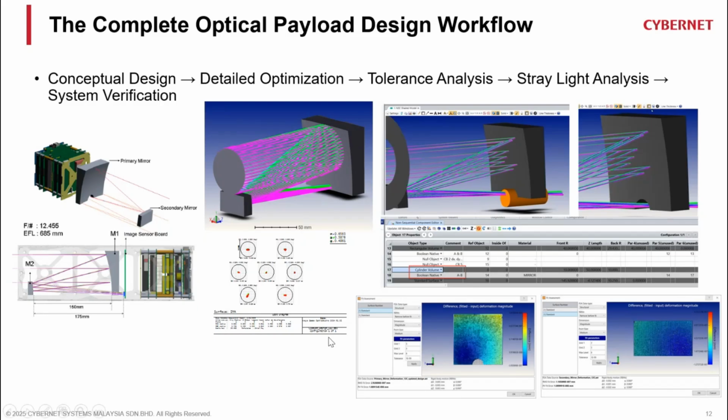All these structural deformation results are from this FEA data. The FEA data we can create using any mechanical software to do the FEA simulation. Here is one of the examples where we import the FEA data into the STAR module in Zemax.